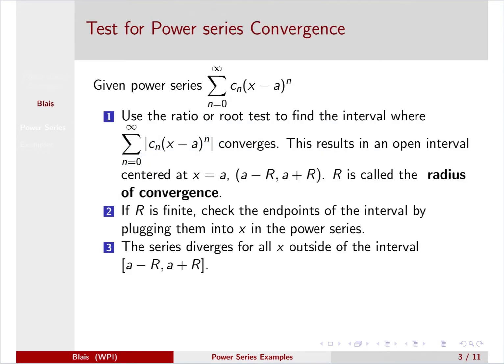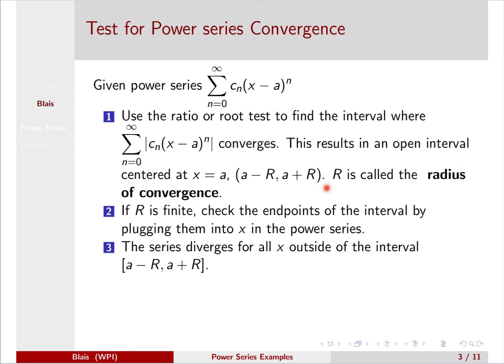And recall, we have a test for power series convergence. When we're given such a power series, we use either the ratio or the root test to find the interval where the series is absolutely convergent. In this first step, we're looking at the series of the absolute values of these original terms.